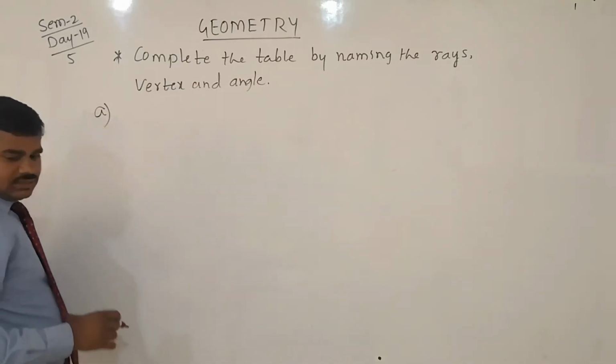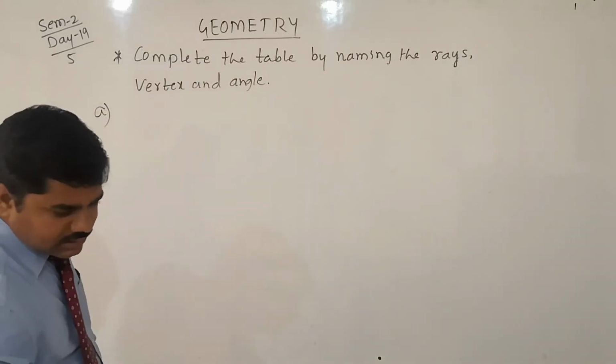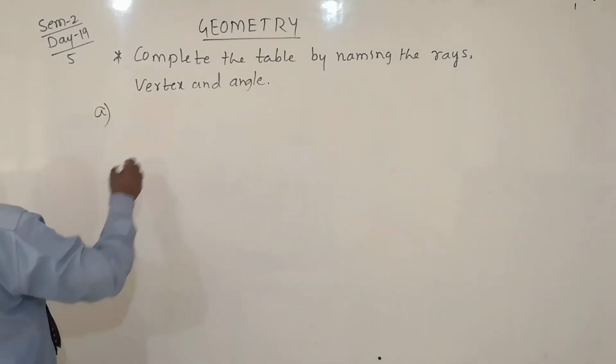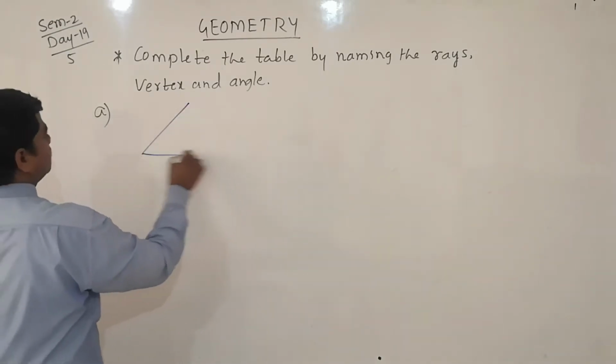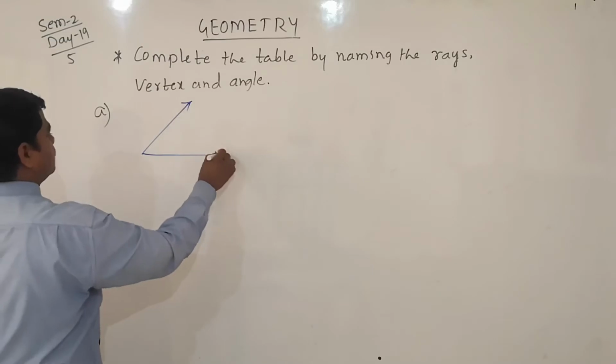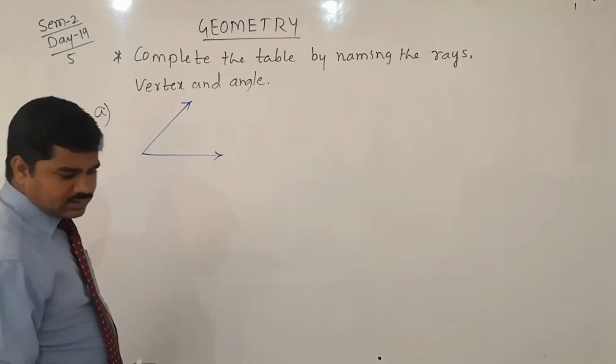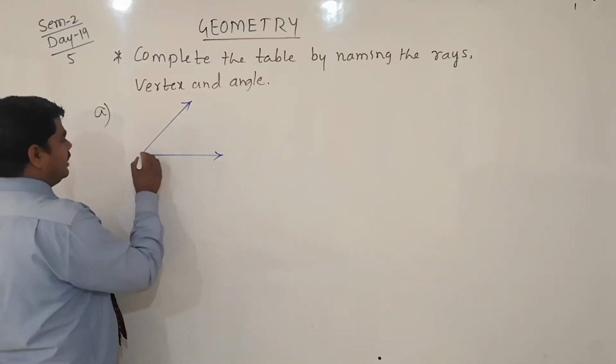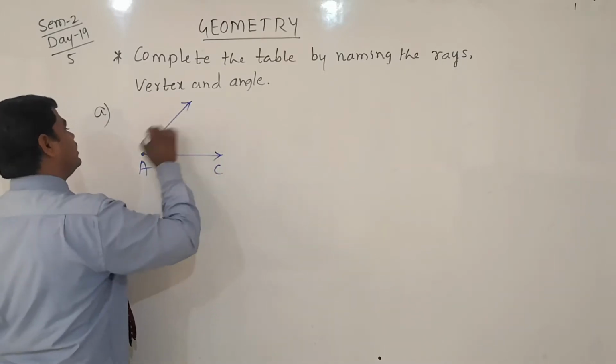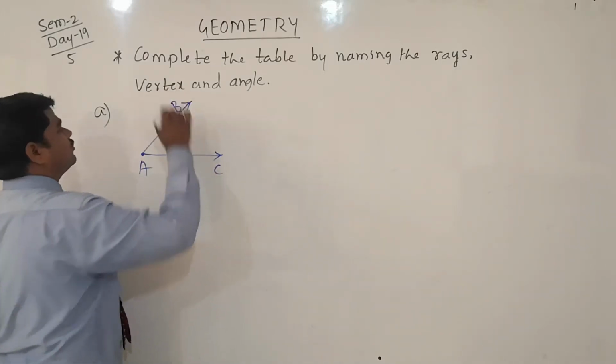The figure is very simple. 2 rays. A is the vertex, and AC and AB are the 2 rays.